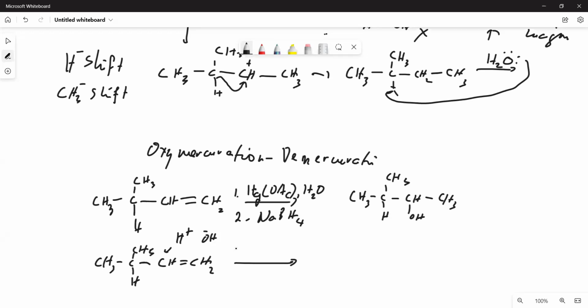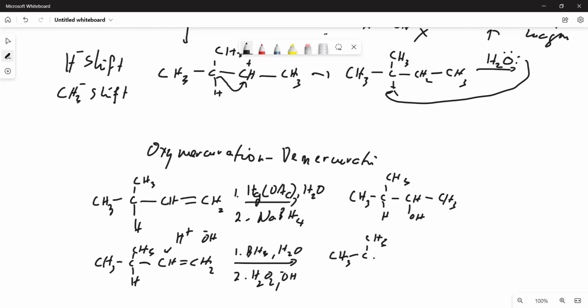Okay. You have to use another reagent, which is borohydride, okay? And then you have, of course, water in the presence of hydrogen peroxide, okay, under basic condition, okay? So this will produce the anti-Markovnikov product, okay?